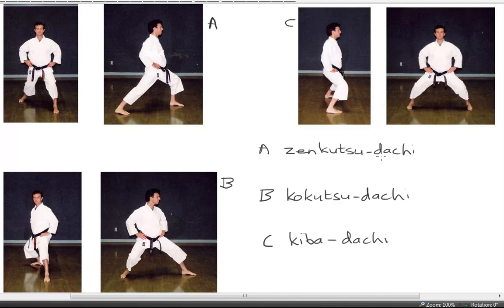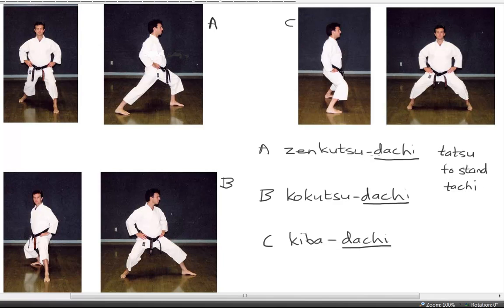As you can see, the consistent thing in each of these is this word here, dachi. This means stance. Now in Japanese, the verb tatsu, T-A-T-S-U, means to stand, and this becomes tachi when we're talking about a noun. Tachi meaning stance.